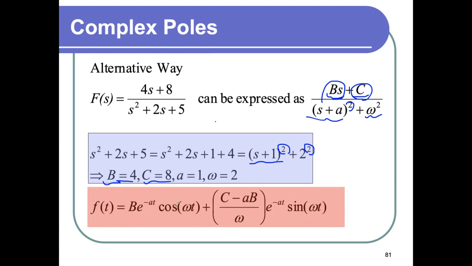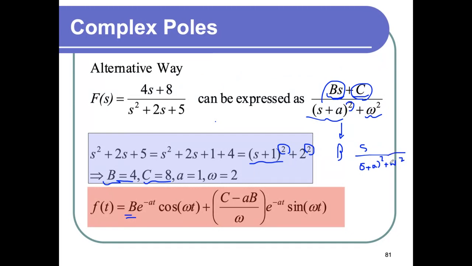Now, the first one is simply B multiplied by shifted cosine. Why? Let's look at it separately. I have B multiplied by S over (S plus A) squared plus omega squared, right?